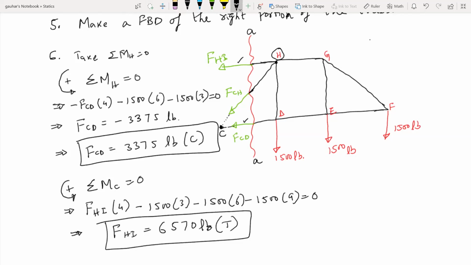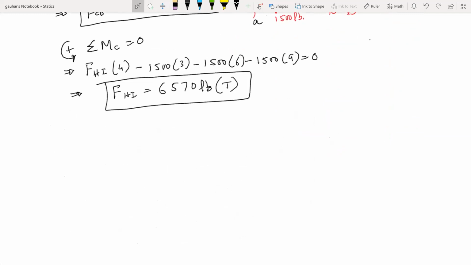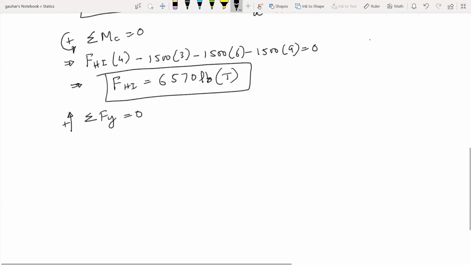It's an inclined force, so it has two components, X component and Y component, right? So we can just do sigma fx or sigma fy, and we can find out the value of FCH, right? So let's do sigma fy. So upward positive, let's do sigma fy equals to 0.